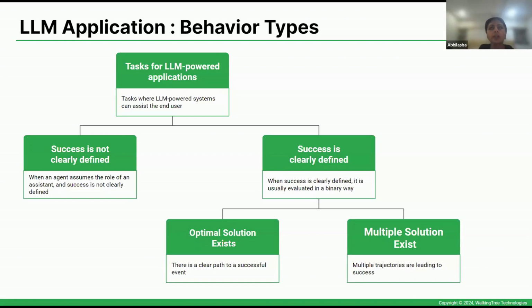It can be a straightforward, single solution, or it could be multiple paths to that solution. So why is understanding this important? Because accordingly, when you're trying to evaluate the application's success, you would have to think through what bucket this falls in, and accordingly you'll have to define your evaluation mechanism. So this is important to define the strategy of your evaluation.